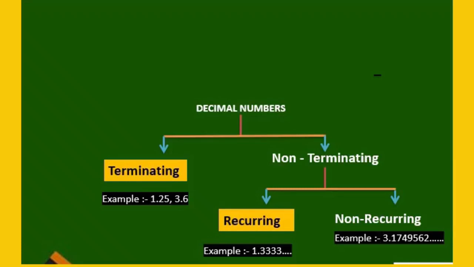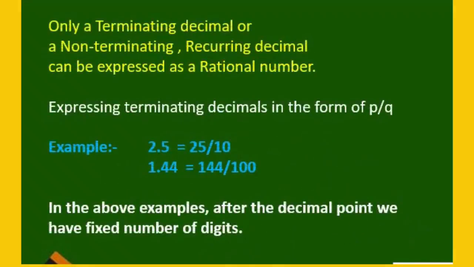Here after the decimal point there is no such pattern of repetition of the digits. Children, it is very important for you to note that only a terminating decimal or a non-terminating recurring decimal can be expressed as a rational number.